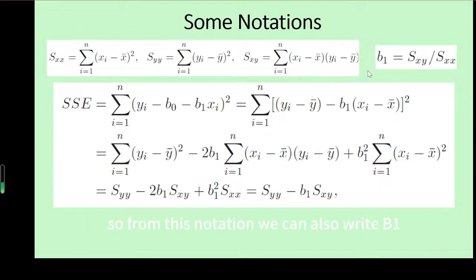From this notation, we can write b1, the estimate of the slope parameter, as sxy divided by sxx. And the sum of squared errors, which is the sum of the squares of the error terms between observations and the fitted line, is syy minus b1 sxy.